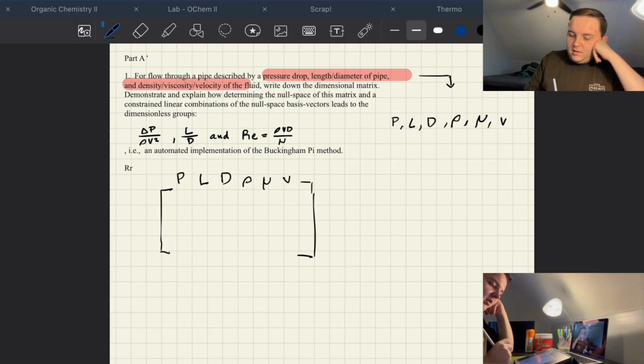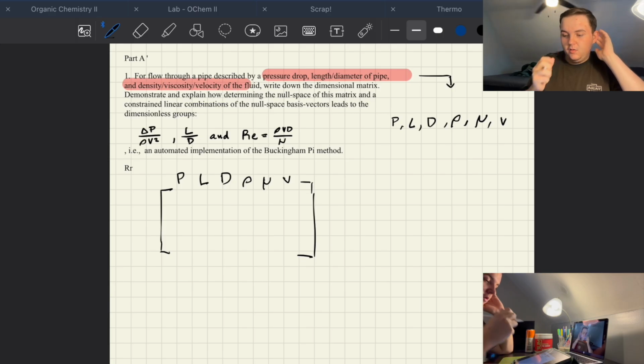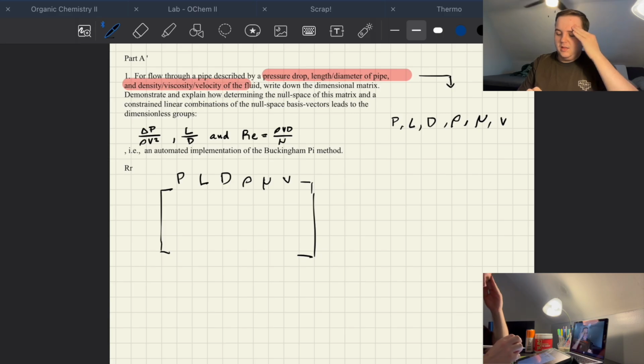And then on the left here, we're going to have our three units in which these are all measured. So first we have pressure, which is in pascals. And then pascals are going to be kilogram per second squared meters.